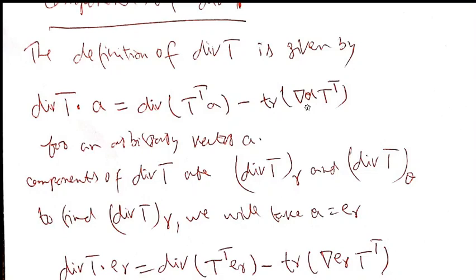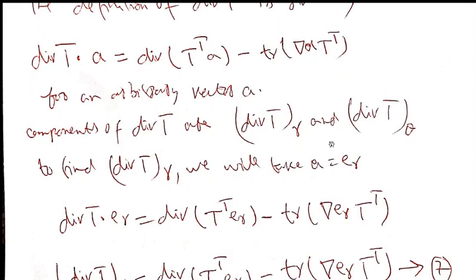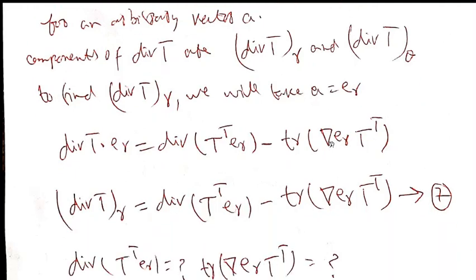And you can also write the trace of transpose of T on the left side and this on the right side, or this on the left and this on the right, it doesn't make any difference, because trace of AB equals trace of BA. Now we have the r component of the divergence of T in this form, given by equation number 7.